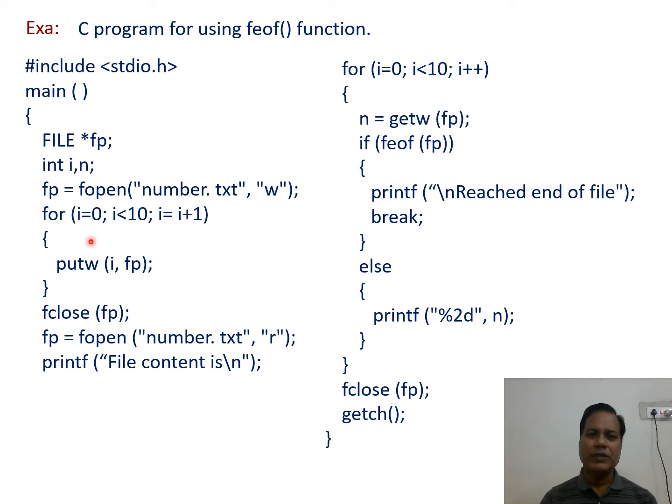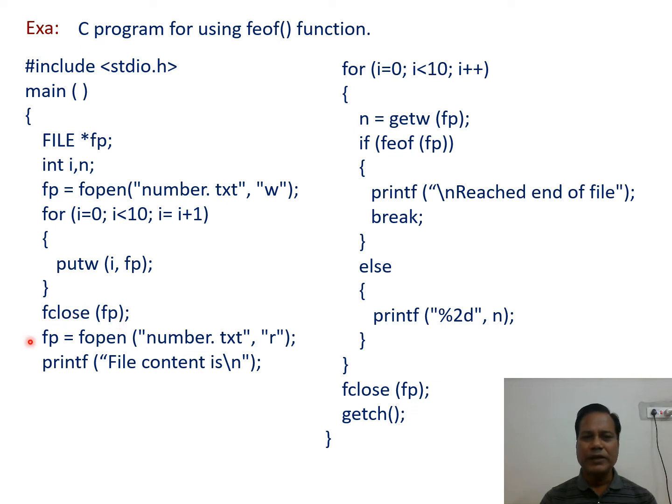Once the condition of the looping statement becomes false, control comes out of the for looping statement and the statement fclose(fp); closes the open file.